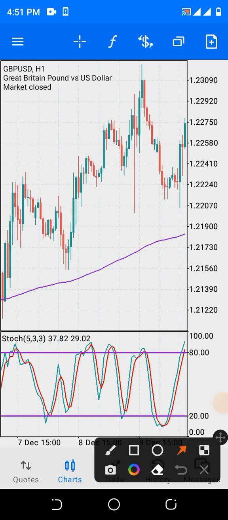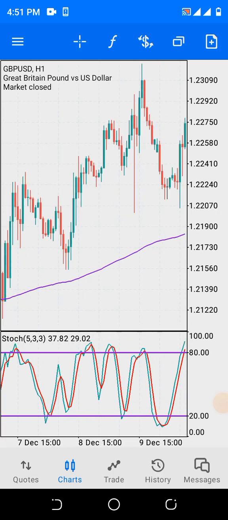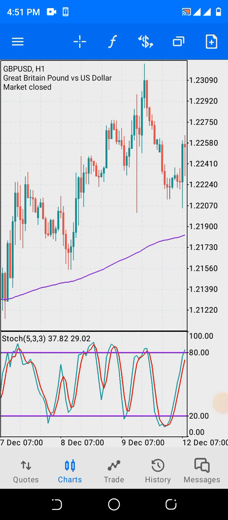Like here, the market is above this moving average, so all your effort should be on where to make your buy entry. So here we identify that the candlesticks are above the moving average, so we should be focusing on where to buy.